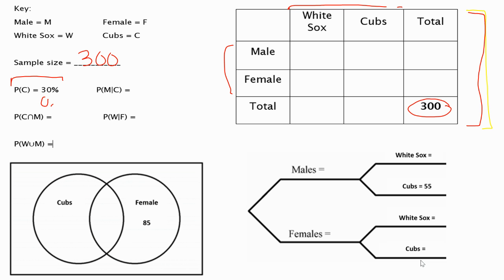And if there are 300 people, we can multiply that to find out how many of those people are Cubs fans, right? So if 30% of the 300 is Cubs fans, what actual value is that? If I do 300 times 0.3, I'm going to get 90 people.